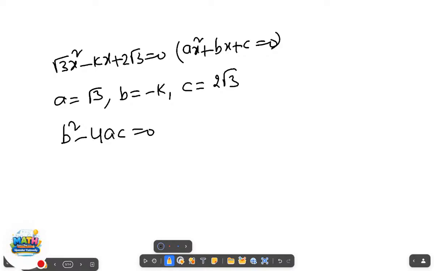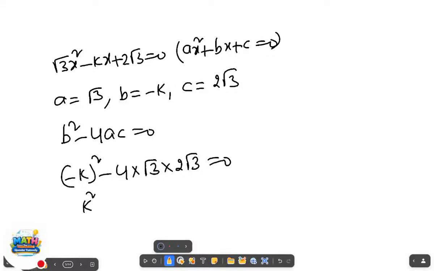So b square: here b is minus k, so minus k whole square minus 4 into a, which is root 3, into c, which is 2 root 3, equals 0. Here minus k whole square is plus k square.